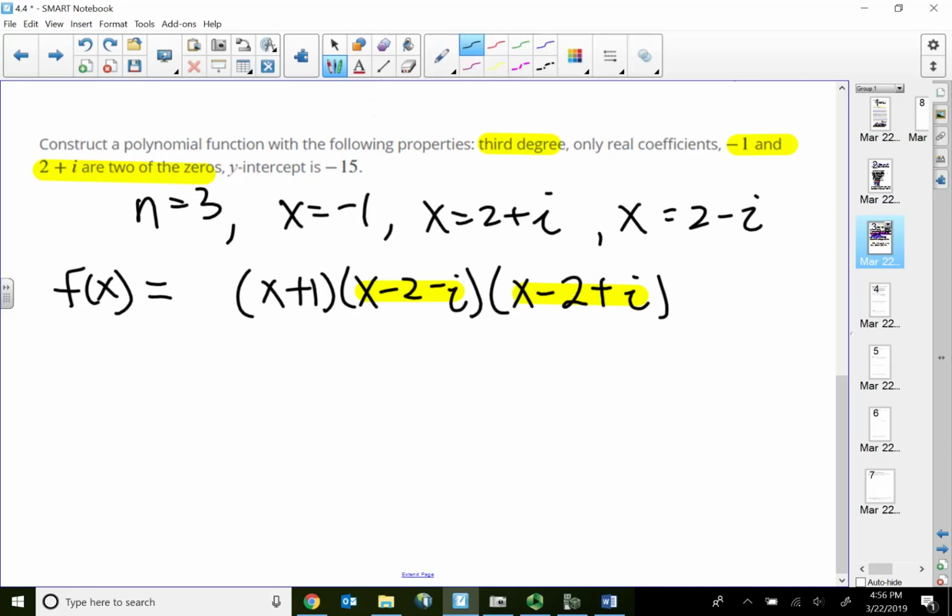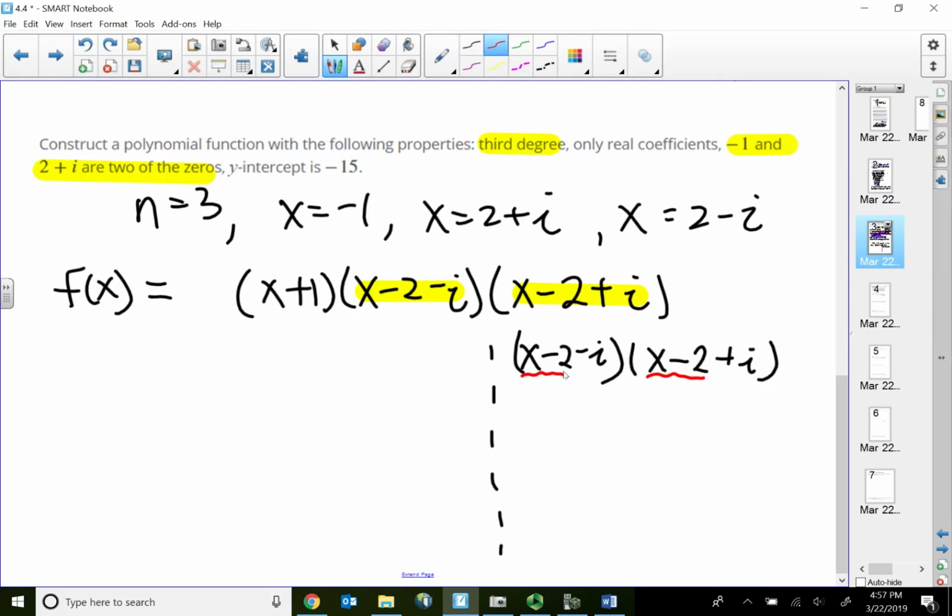Rather than FOIL this out, if you can recognize the pattern here, it will definitely help you out a lot. Okay? So, I'll give you a big hint, this part.